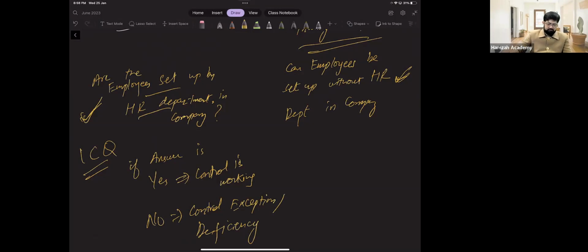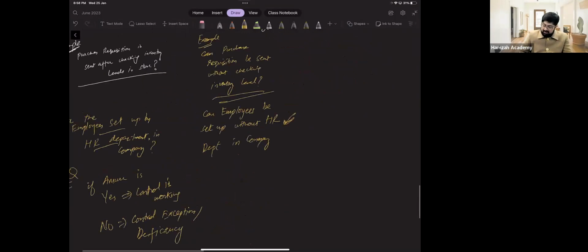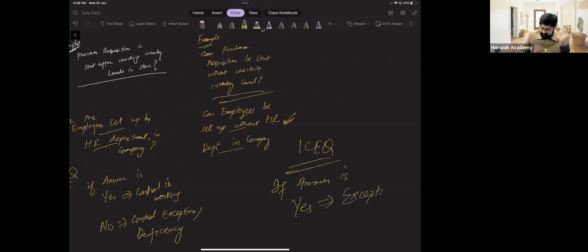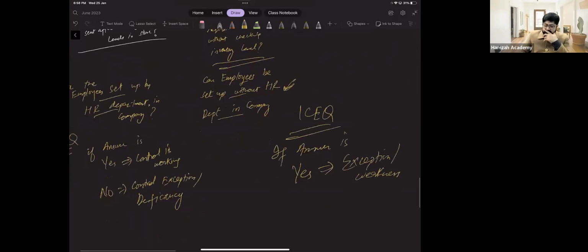Now, this is ICEQ. Can an employee be set up without HR? If the answer is yes, it is an exception, weakness, deficiency in control. If the answer is no, controls are effective. You see, the inverse of it.